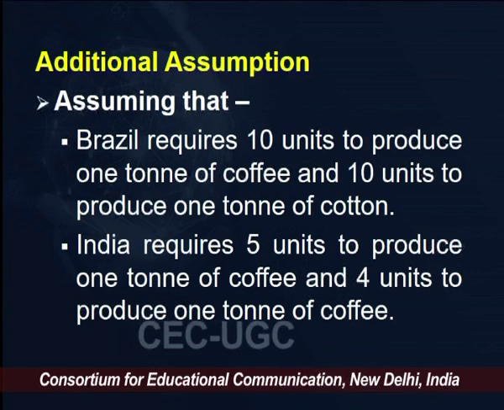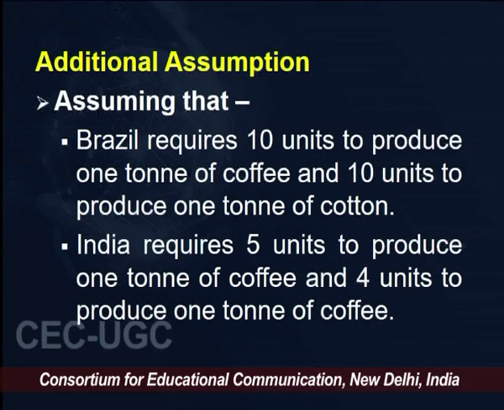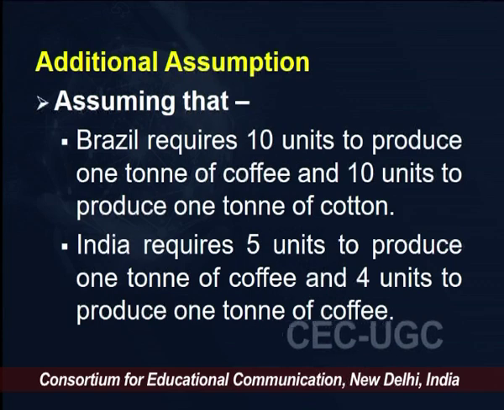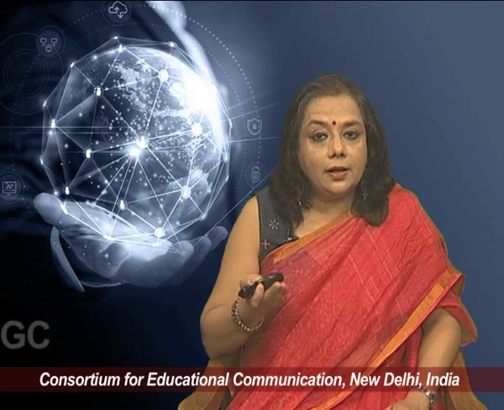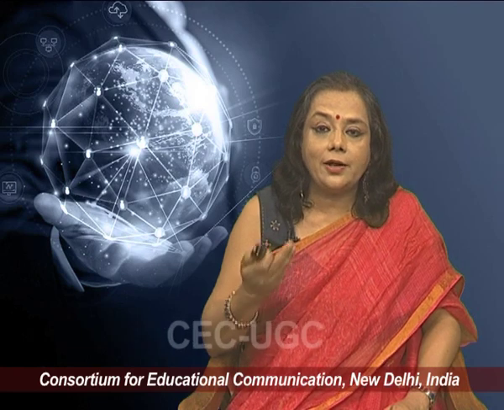This situation was the same as we have discussed in the previous theory. But India requires only 5 units to produce 1 ton of coffee and 4 units to produce 1 ton of cotton. So, there is this difference that Brazil is having cost disadvantage in production of both the commodities, and India is having cost advantage in production of both the commodities.